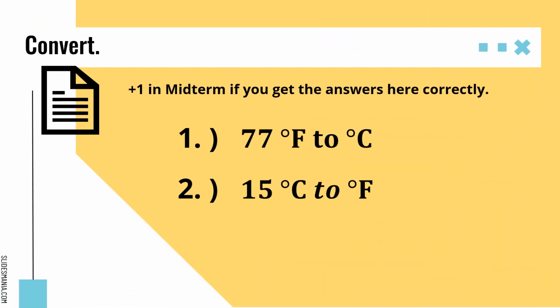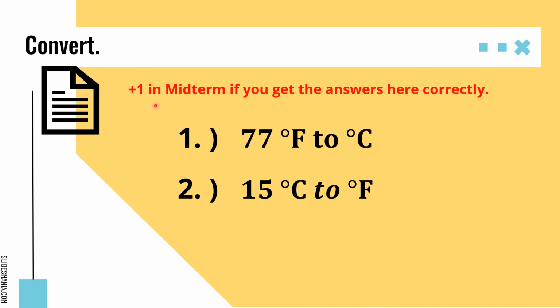For your formative assessment, here's a two-item assessment. Convert 77 degrees Fahrenheit to Celsius, and then convert 15 degrees Celsius to Fahrenheit. For every student who gets the answers correctly, 1 point each, they will have an additional 1 point in their midterm assessment.